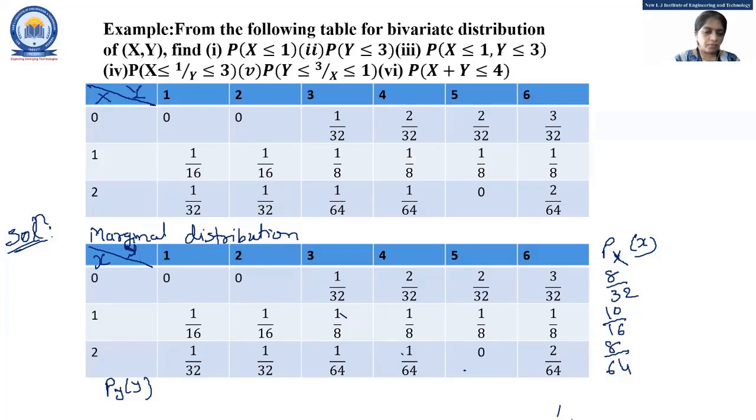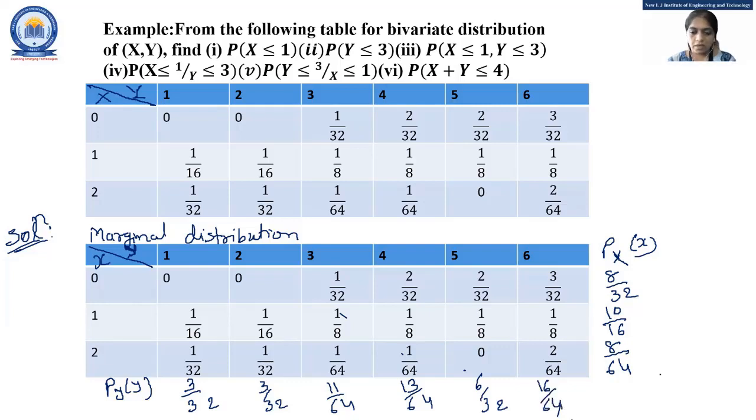Similarly, from the column-wise summation, it is 3 by 32, again 3 by 32, 11 by 64, 13 by 64, 6 by 32, and 16 by 64.